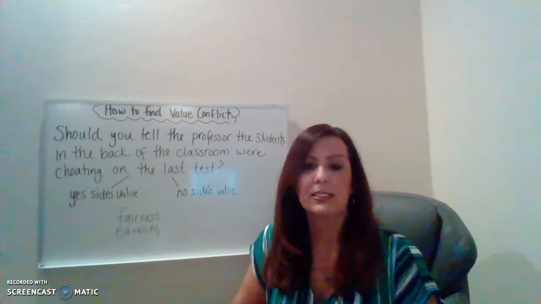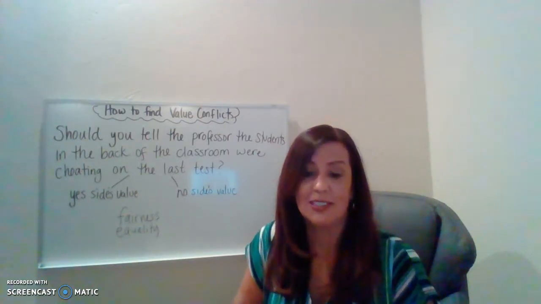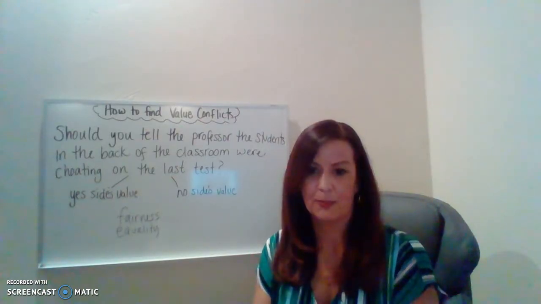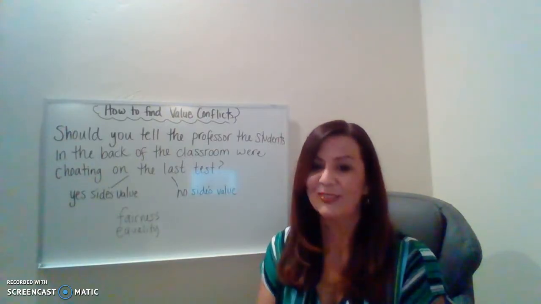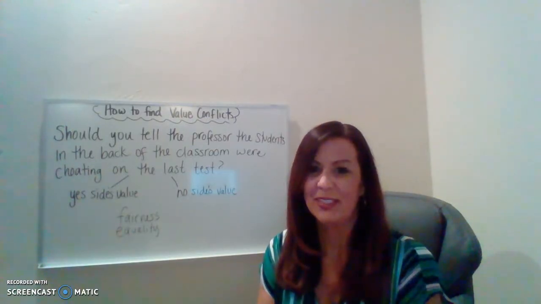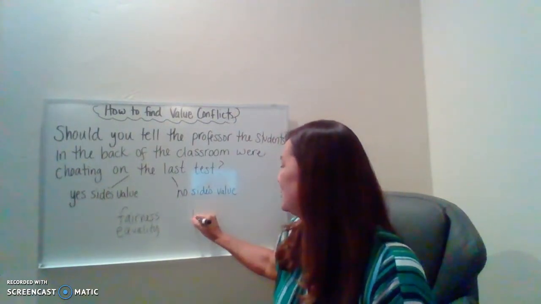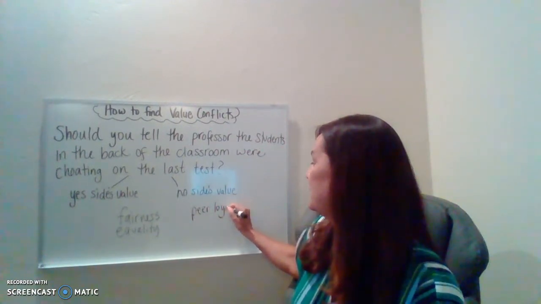Now, those on the no side that say, we shouldn't tell. It's none of our business to tell. What do you think their value is that is guiding them? Go ahead and think. See if you're with me. I would probably answer that it's a notion of peer loyalty, maybe.